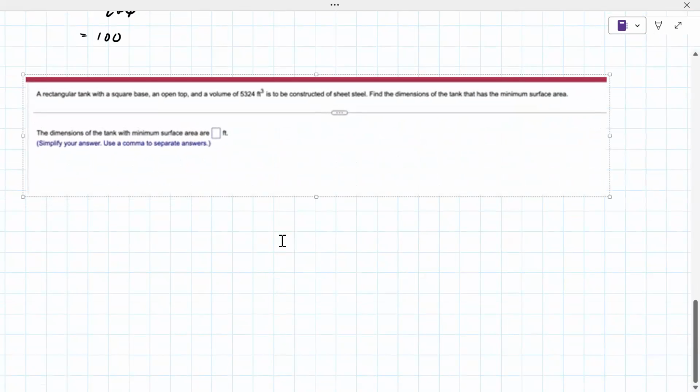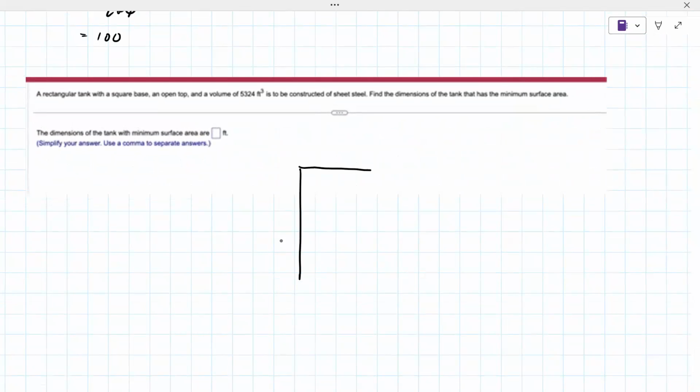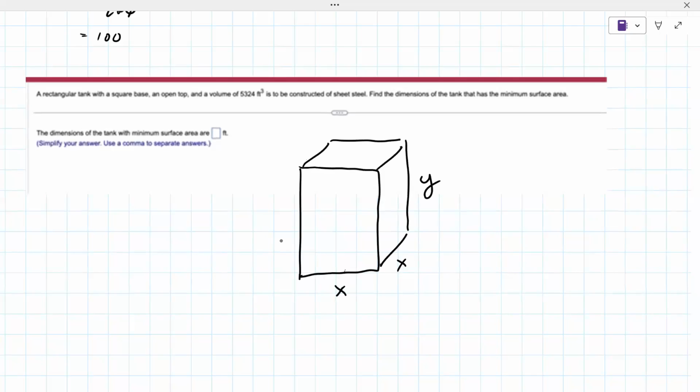All right, a rectangular tank with a square base and an open top. You have like an art degree to do these problems. So square base, that means that these are the same and the height is y. The top here is open.